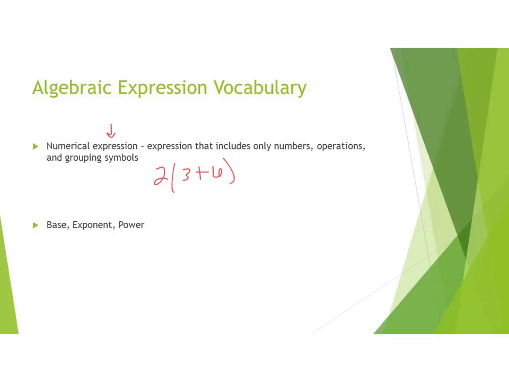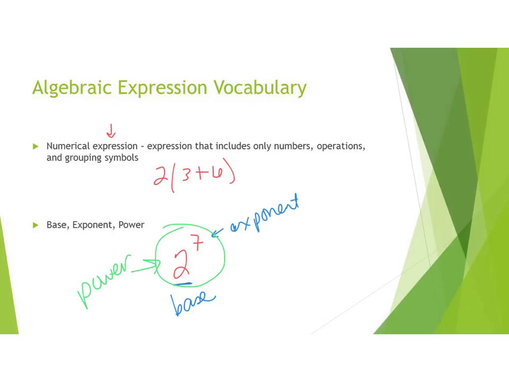Base, exponent, and power. I didn't write out definitions to these because sometimes it's easier just to see an example. If I say 2 to the 7th power, 2 is the base, 7 is the exponent, that's an E there, and then the whole thing is the power.